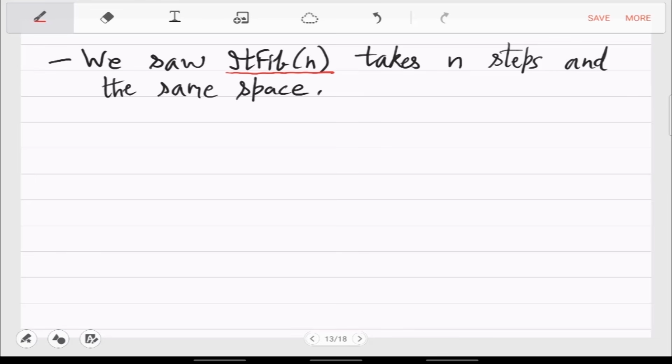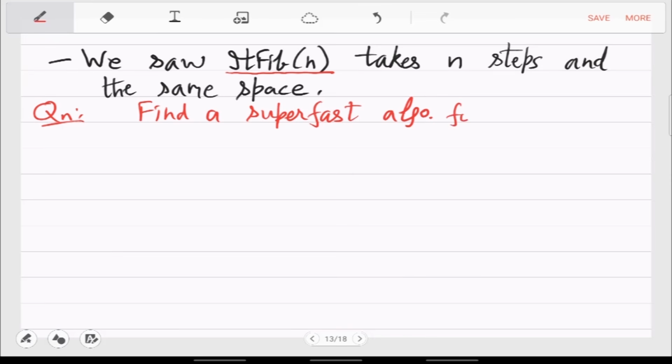But I gave you this question of calculating in a super fast way Fn mod 2024.